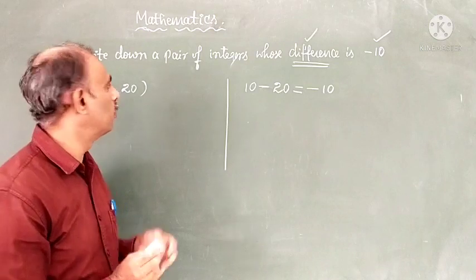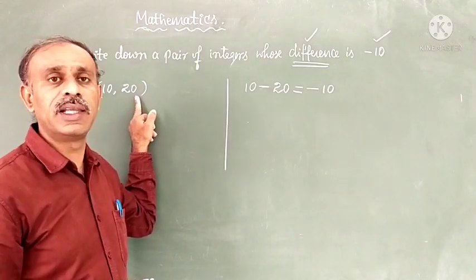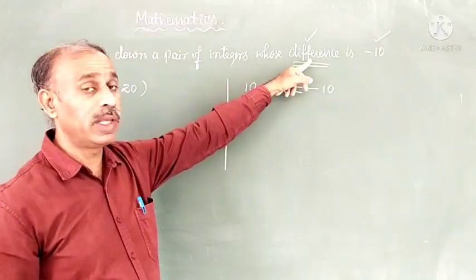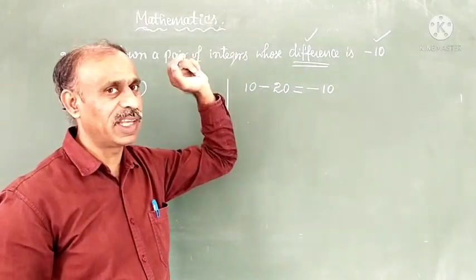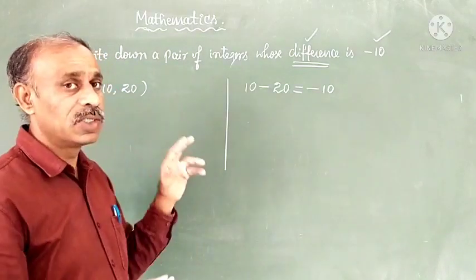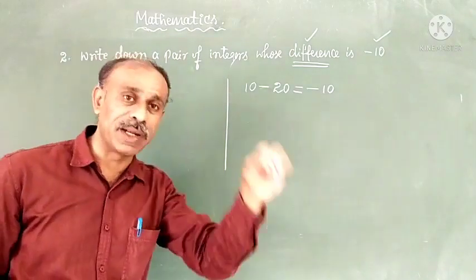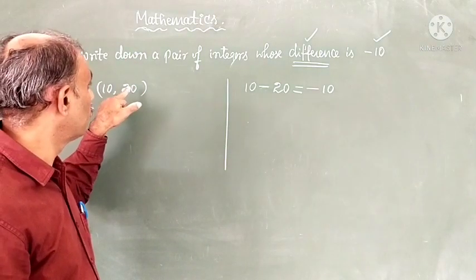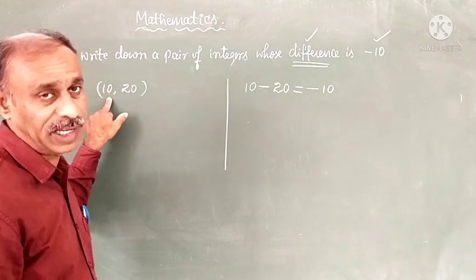So confusion will come. Sir, 10, 20, how is it minus 10? See what we are doing. Difference. Difference we are taking. So difference means what? Here you have to think subtract. We need to subtract 20 from 10.